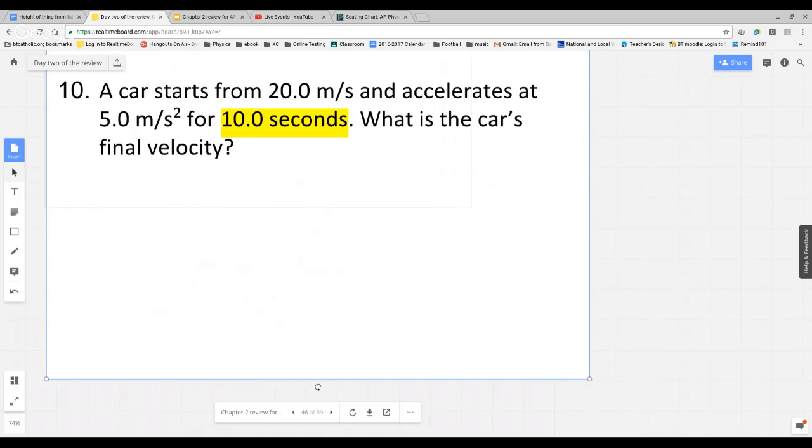All right, 10. On your paper it says 5. Change it to 10. It's on the back page. I was hiding it from you on the other page. The one that says time.